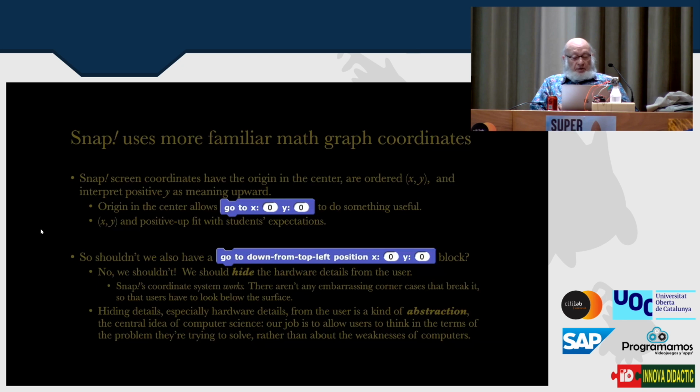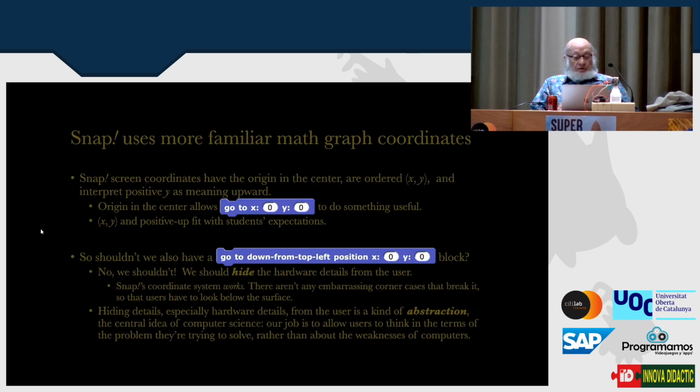Hiding details from the user is a kind of abstraction. This line is maybe the key, one of the key lines in the talk. Abstraction, I think, is the central idea of computer science. Not everyone would agree with me about it being the central idea, but I think I get pretty strong agreement that it's one of the central ideas of computer science.